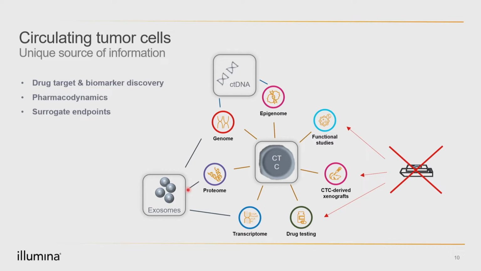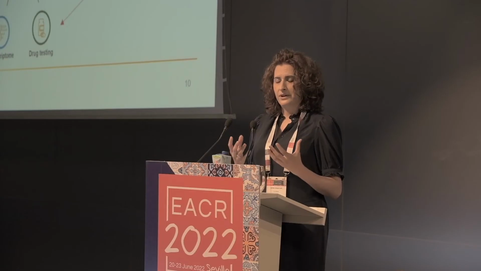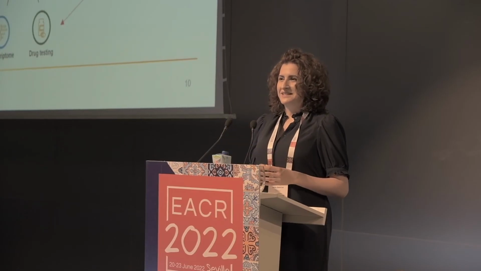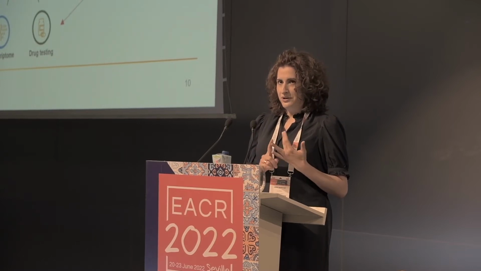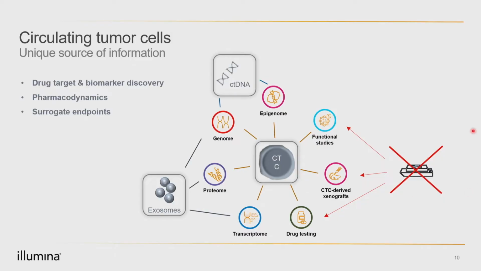The lifetime of circulating tumor cells is very short, but the information you can derive from these cells is really valuable because the cells are viable, so you can analyze them on genomic level, transcriptomic level, epigenomic and proteomic level, but also you can do functional studies, you can do CTC-derived xenografts, and you can do drug testing.